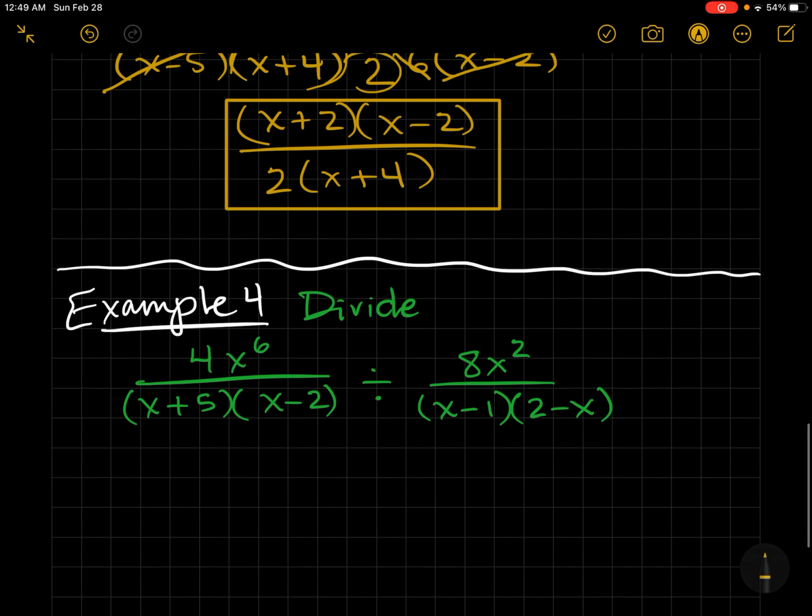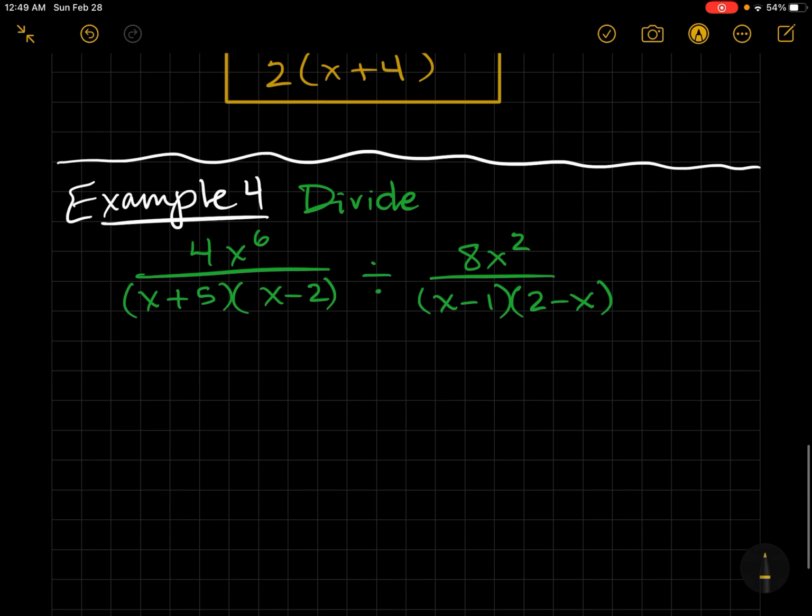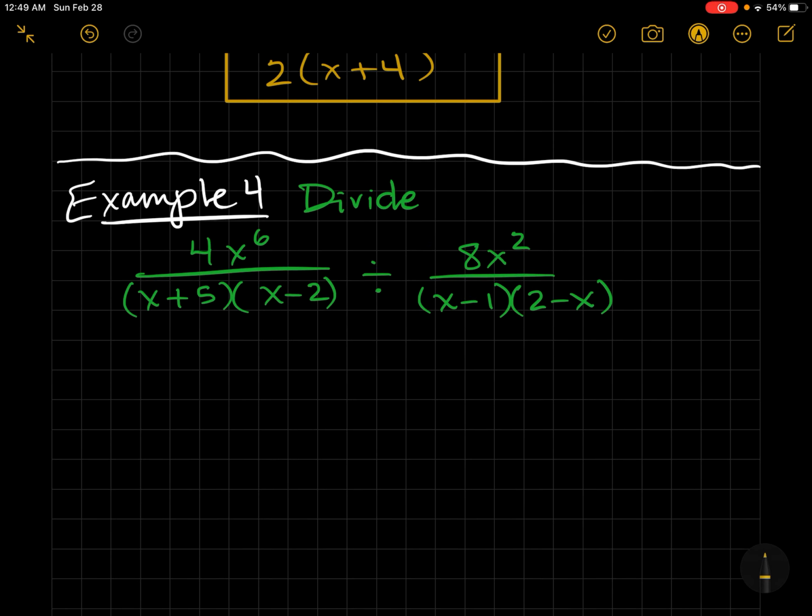Okay. Example 4. Now, when you divide, remember if you want to divide A over B divided by C over D, what you do is you multiply by the reciprocal. You flip the second fraction. Never flip the first one.